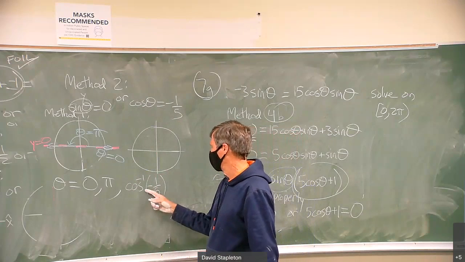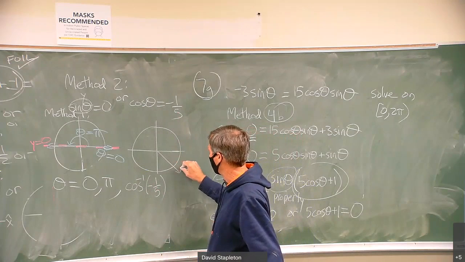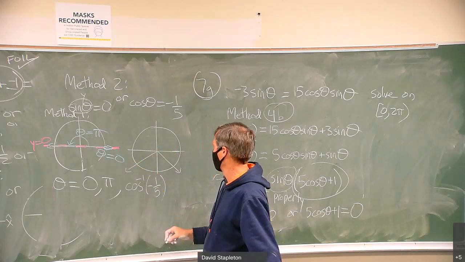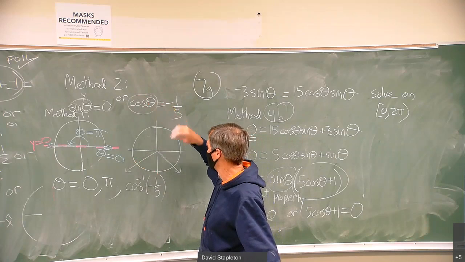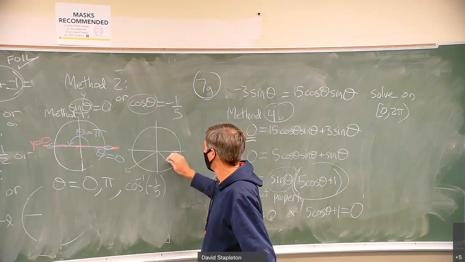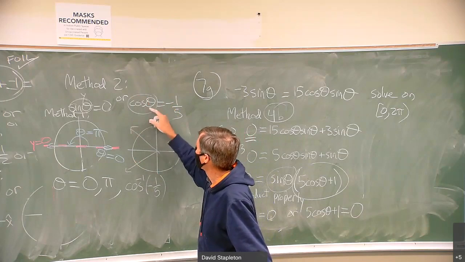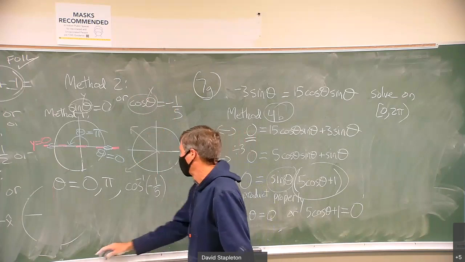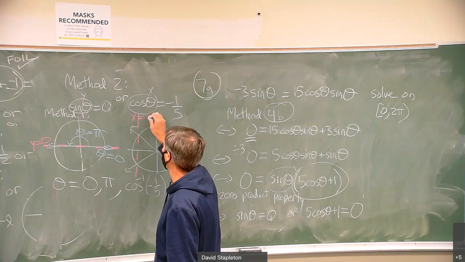Now, for the cosine to be negative, it has to be in the second or third quadrant. Which one is inverse cosine? Again, this is the x coordinate, and so I get this line, x equals minus a fifth.